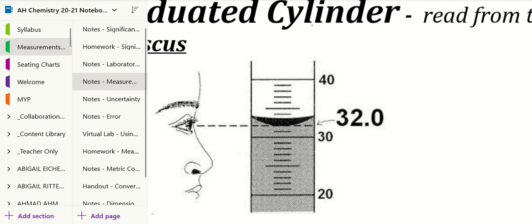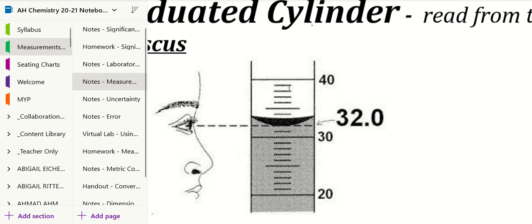So we need to look at our analog tool, in this case our graduated cylinder, and decide what each of the increments represents. If we look, the big lines go by tens, right? If we start at 20 and go to 30, what do each of the smallest increments represent? One what?